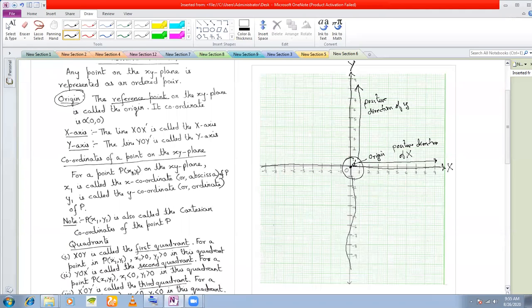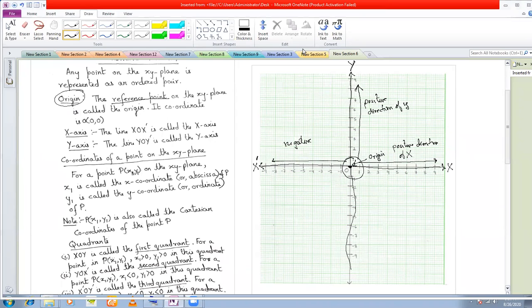Also, from the point of reference, if you are moving towards this line, this is the negative direction of the x-axis and is denoted by x dashed, the negative direction of x.